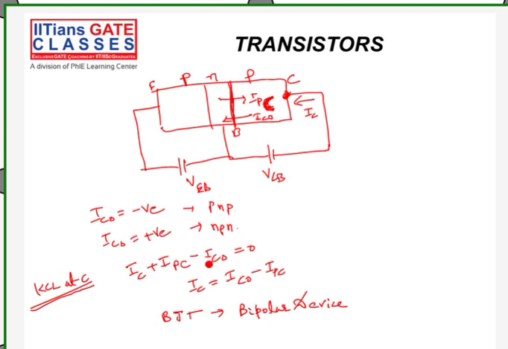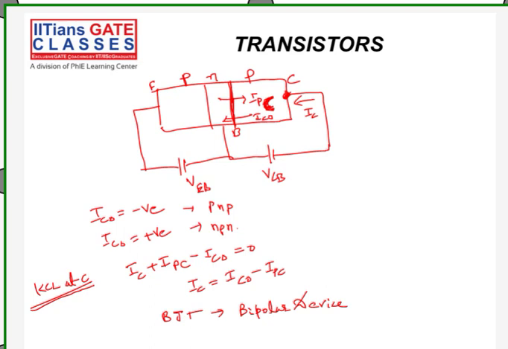Okay, that is good. So BJT is called a bipolar device because the collector current, which is our desired current, depends on two types of current, majority current and minority current.